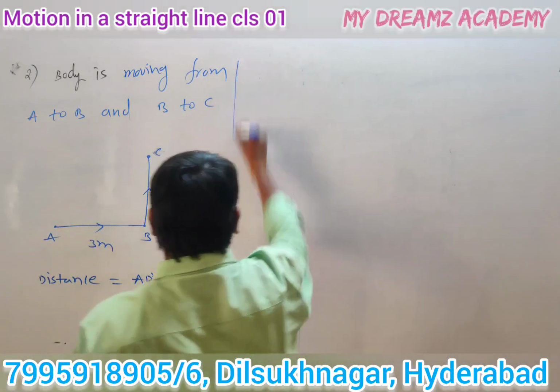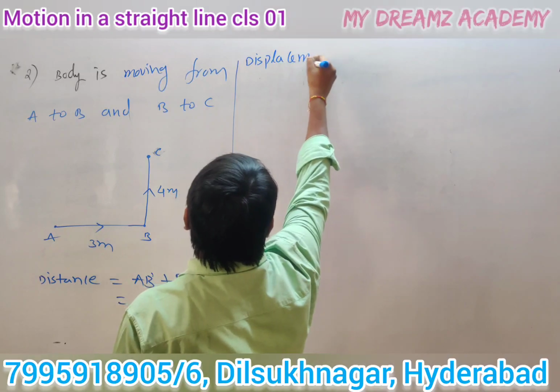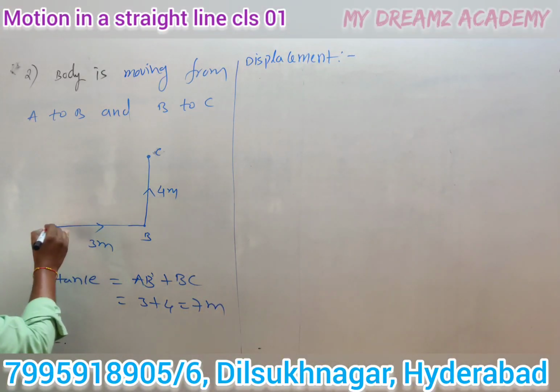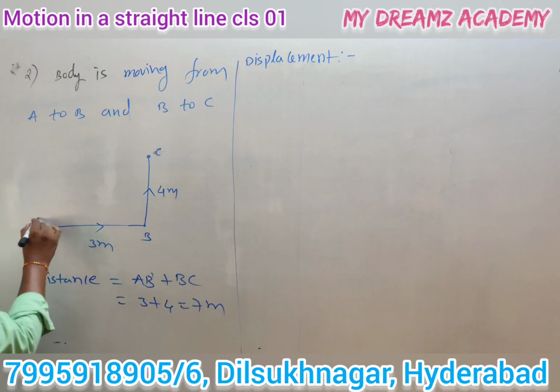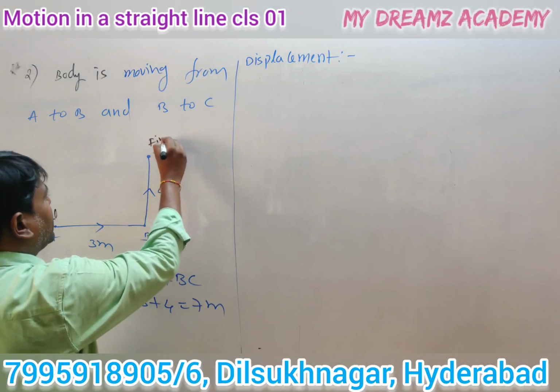Next is displacement, the shortest distance between initial and final positions. Point A is the initial position and point C is the final position.